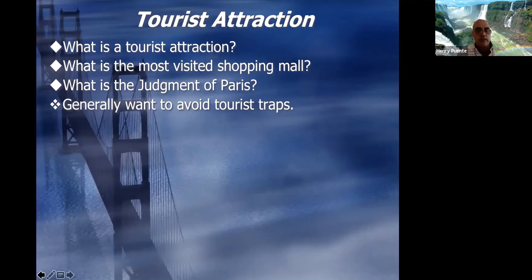So the Judgment of Paris was a contest that happened in 1976. It was a contest between California wines and French wines. The thought historically was that the best wines are made in France.